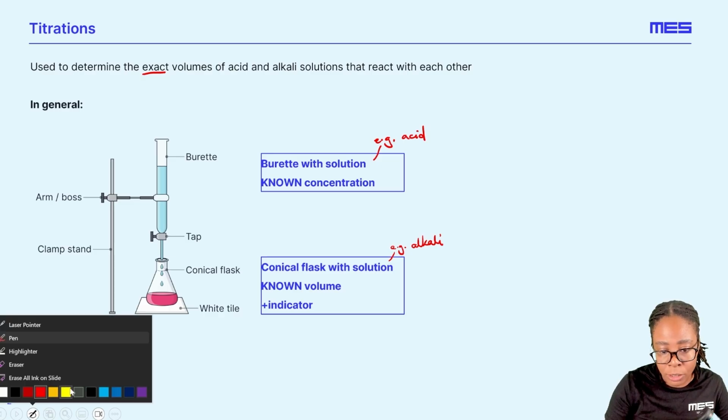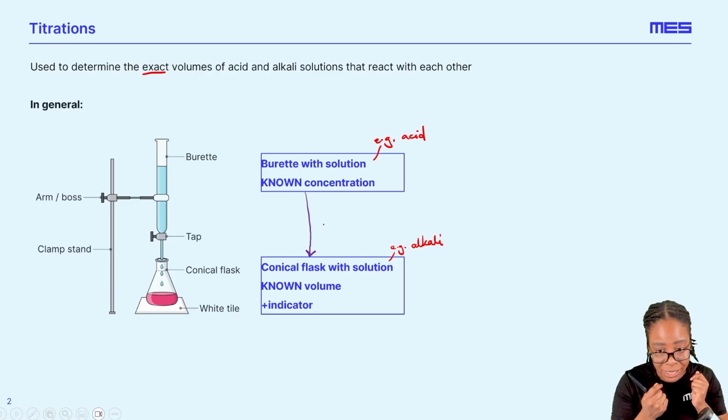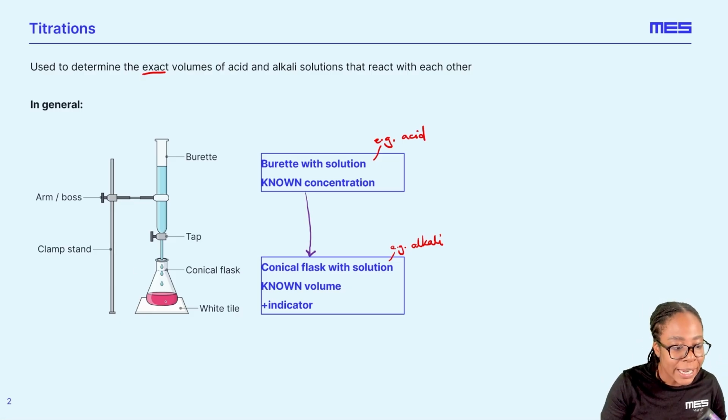So now what do we do? We slowly add the acid solution from the burette into the alkali solution in the conical flask. And as soon as neutralization is complete, the reaction is done, then the indicator will change color. Once the indicator changes color, that means we know exactly what volume of the acid we needed to react with our alkali.